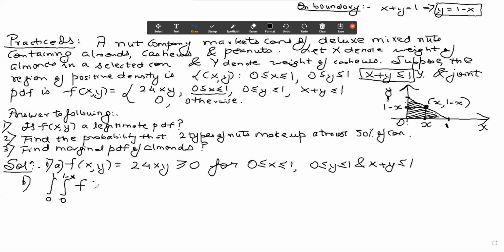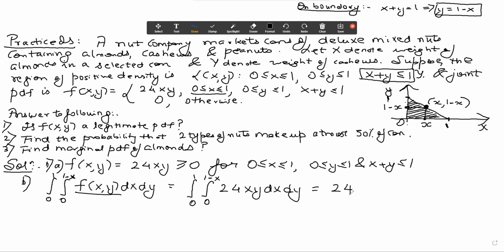The integral of f of xy dx dy. Let's calculate how it comes out. Integral x goes from 0 to 1, y goes from 0 to 1 minus x, f of xy is 24xy dx dy. Let's integrate this with respect to y first. Let us bring 24 out.